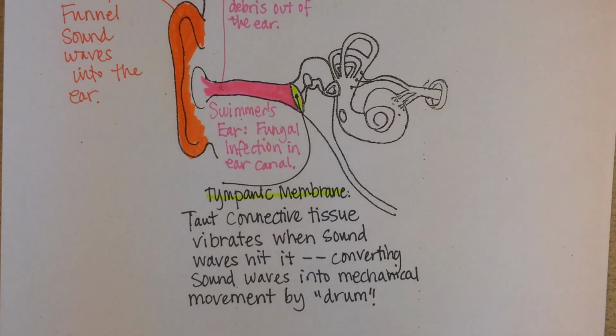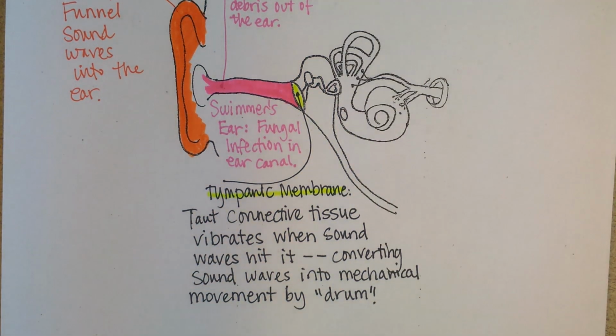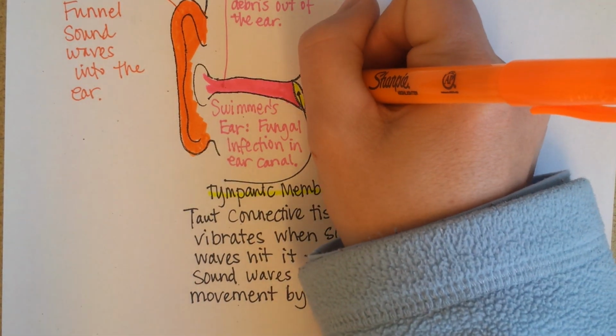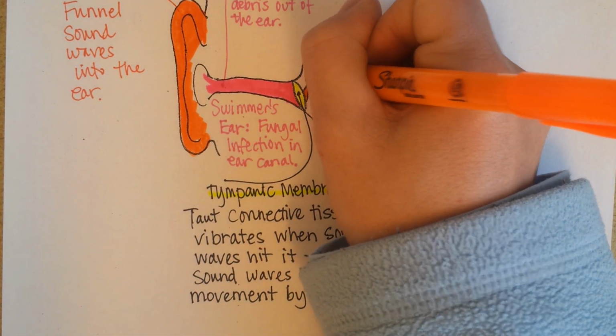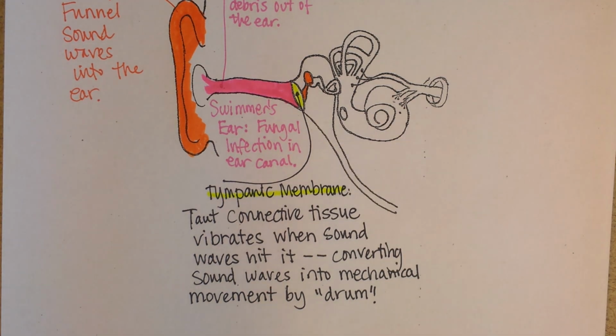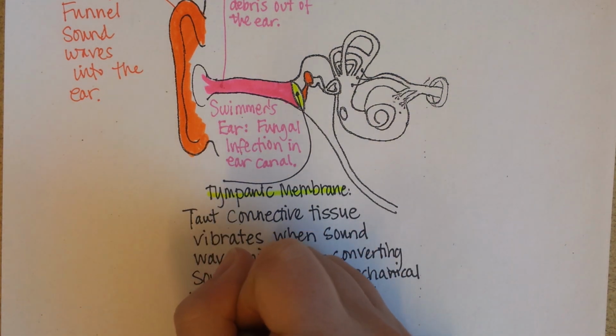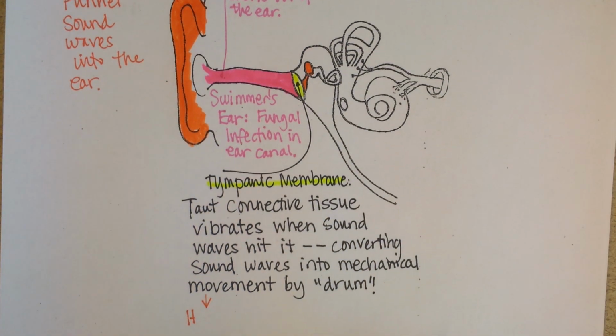Okay, so then that mechanical movement is translated to the inner ear bones. The 3 inner ear bones, we'll use orange, green, and blue for these. The first one is called the hammer, or Latin is malleus. So it first goes to the hammer.